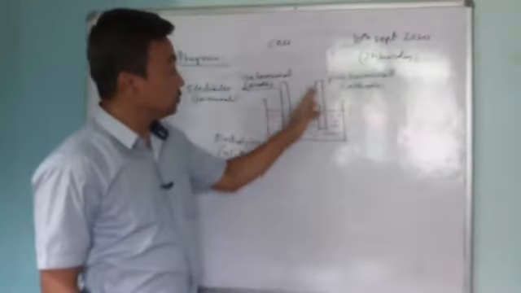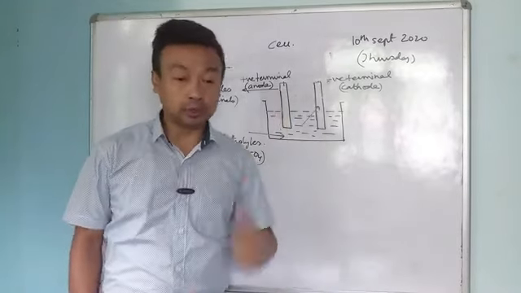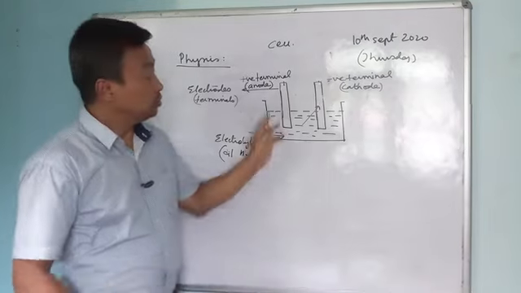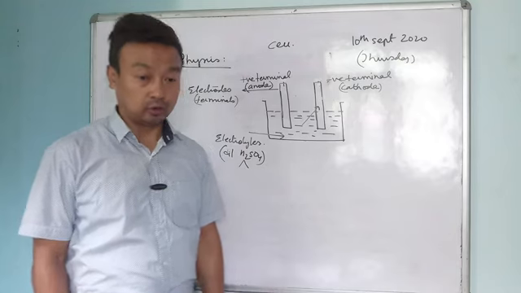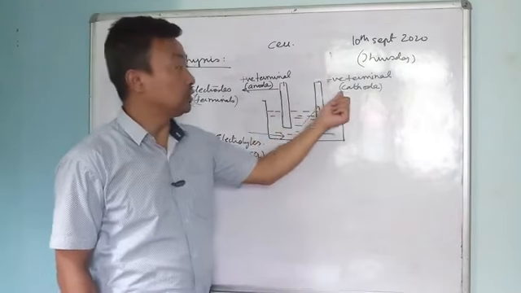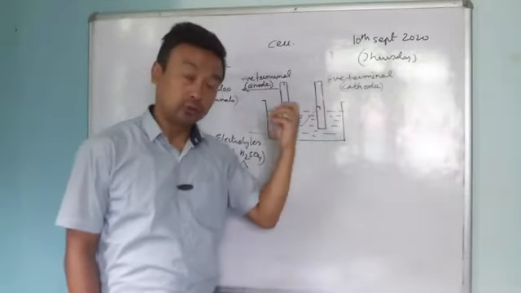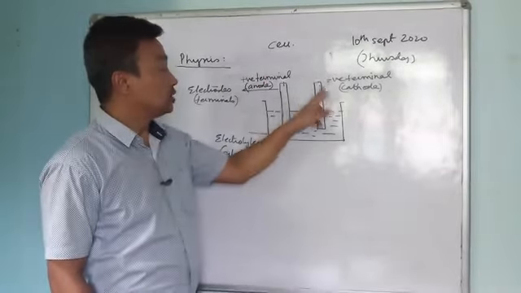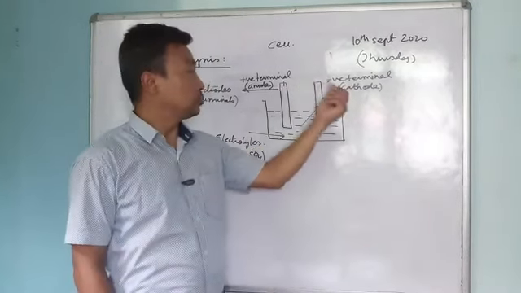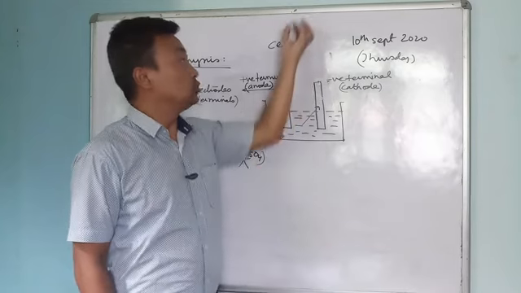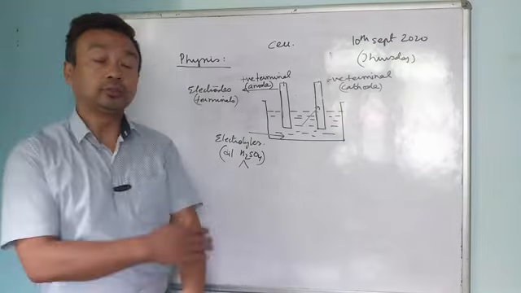Due to the chemical reaction there will be a continuous flow of electrons, or charge, from one electrode to another. As long as the potential difference is there, the current will be drawn out from the cell.